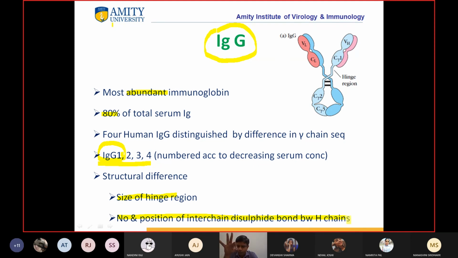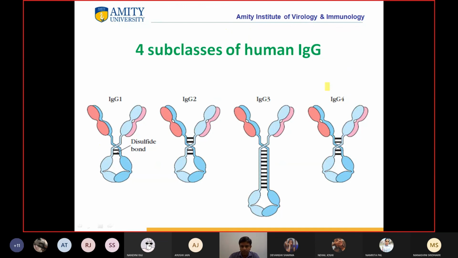I'll just show you the picture in the next slides, but just focus on the structural differences. Two major differences: one is the size of the hinge region, and the other is the number and position of interchain disulfide bonds. That is the difference, and you can see here, right?